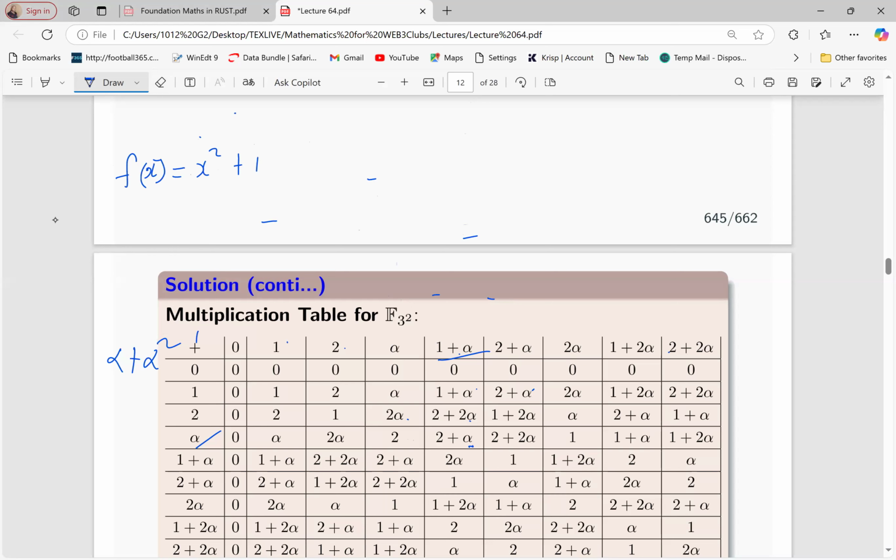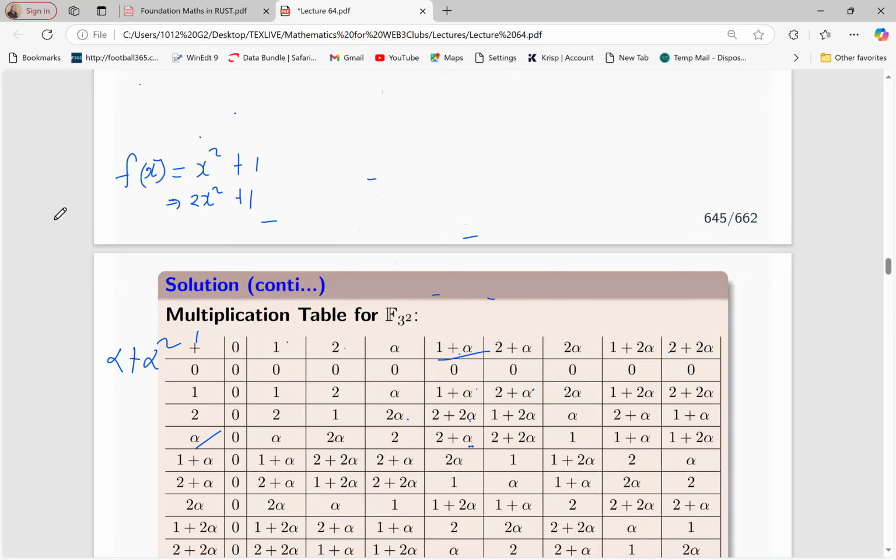The coefficient here is 1, but you may want 2x squared plus 1. So you must check whether it's reducible. This one can be factorized, because when x is 1, you have 2 plus 1, which is 0.